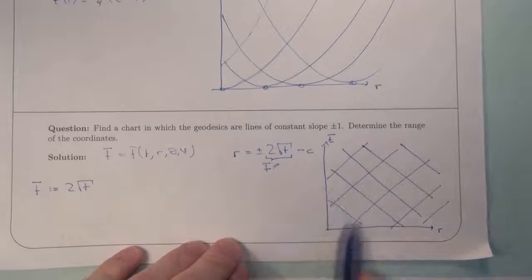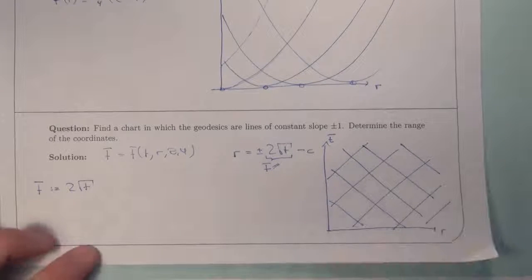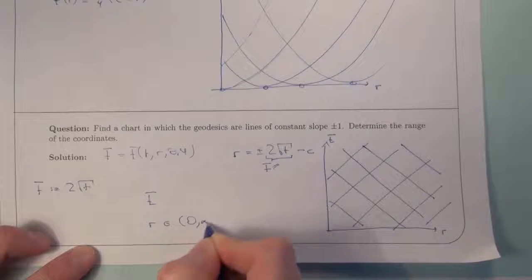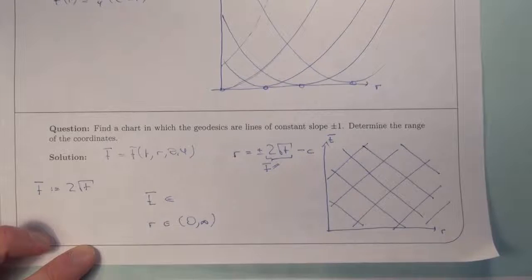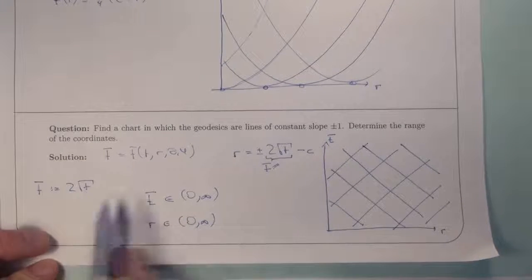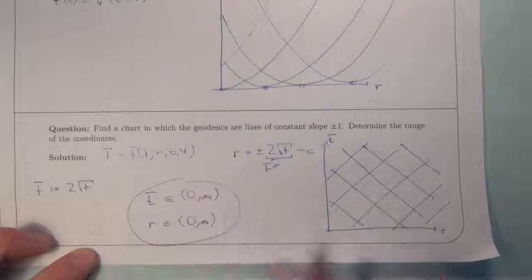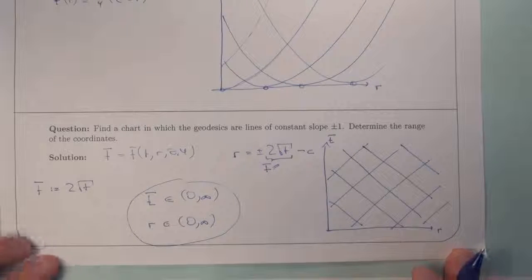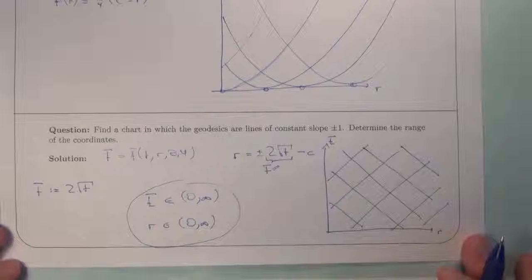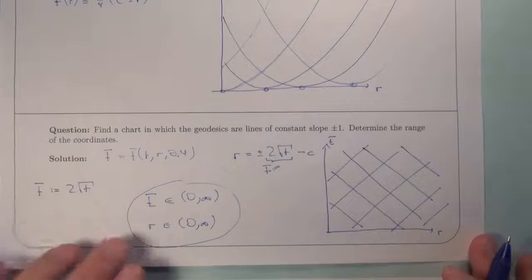And of course the c shifts them here, and we again look at the ranges. Of course the r stayed the same and the t bar also stayed the same since we just took the square root. Okay, so that's basically it for the first 3 questions here.